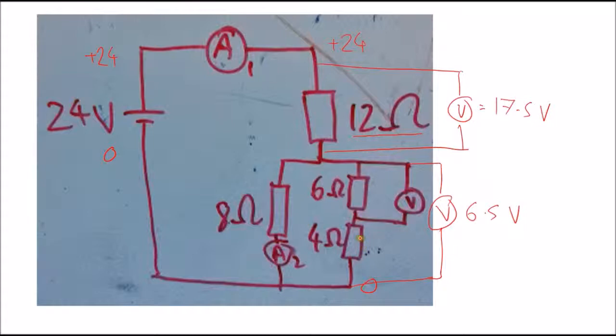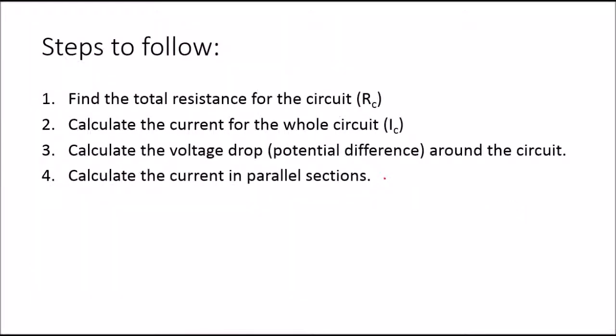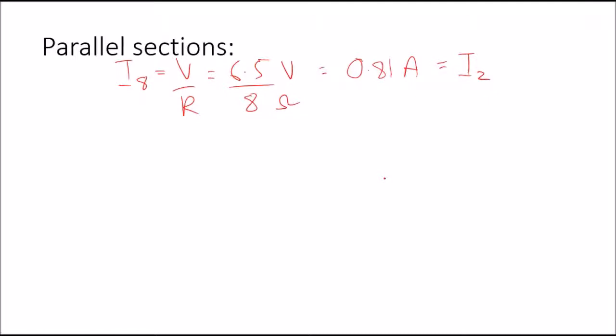So that's going to be about 0.65 of an amp flowing through this side. I could also do this calculation here, where for the 10 ohms, which is the 6 and 4 together, again it's just V over R, 6.5 over 10, which equals 0.65 amps. So again, you can see that either way you do it, it gives you a correct answer.